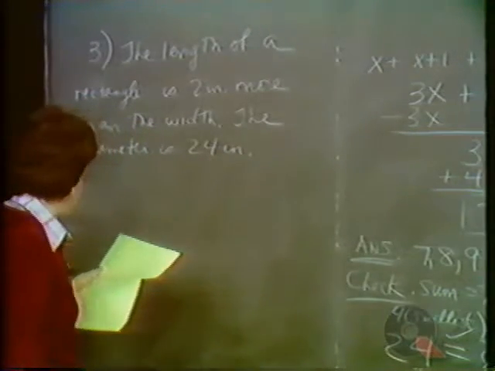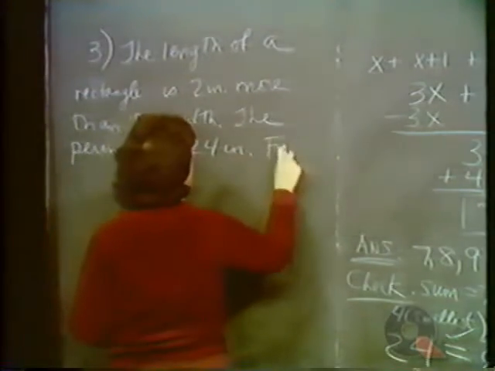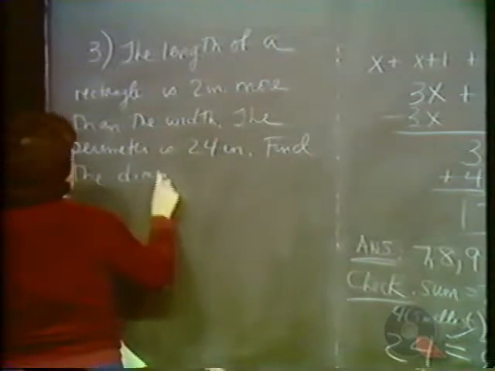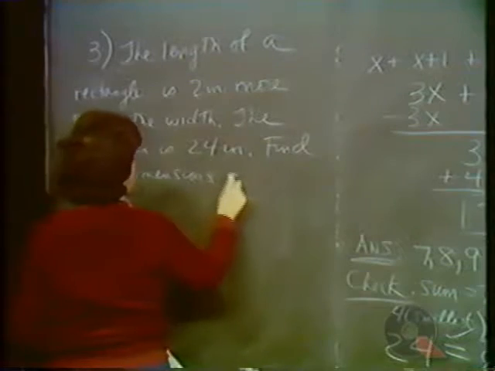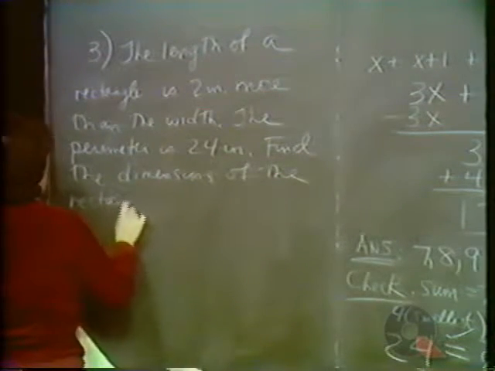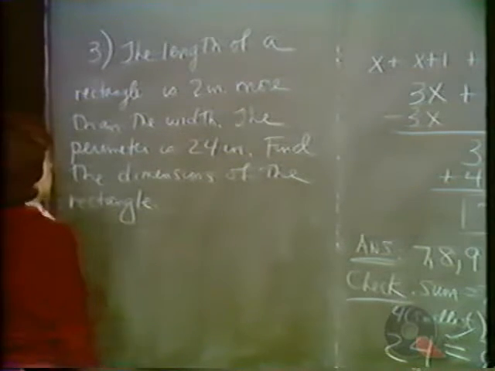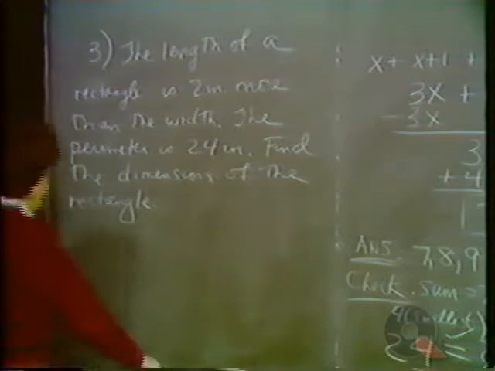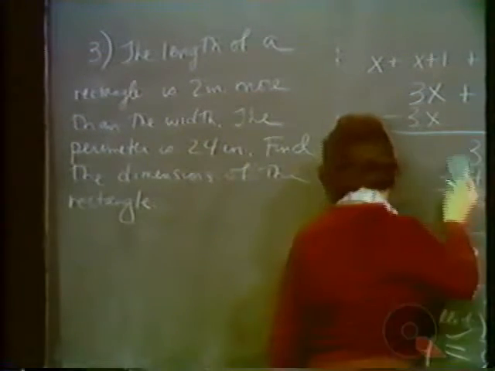Find the dimensions of the rectangle. The length of a rectangle is 2 inches more than the width. The perimeter is 24 inches. Find the dimensions of the rectangle.